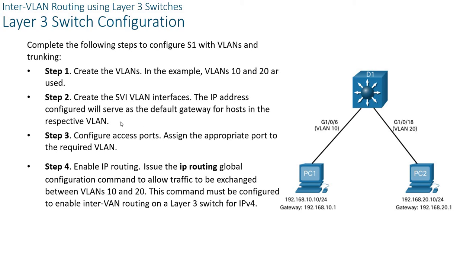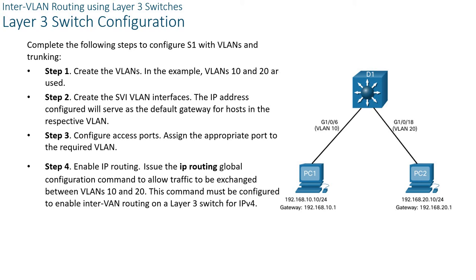The IP addresses configured will serve as the default gateway for the hosts in the respective VLANs. Then configure access ports and assign the appropriate port to the required VLAN. Then enable IP routing by issuing the ip routing global configuration command to allow traffic to be exchanged between VLANs 10 and 20. This command must be configured to enable inter-VLAN routing on a layer 3 switch for IPv4.